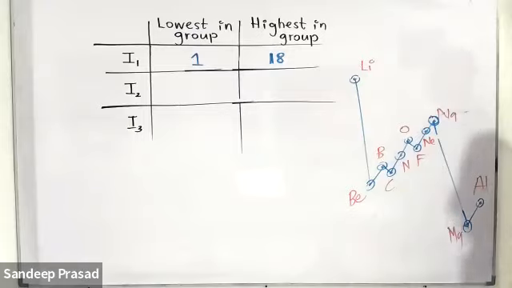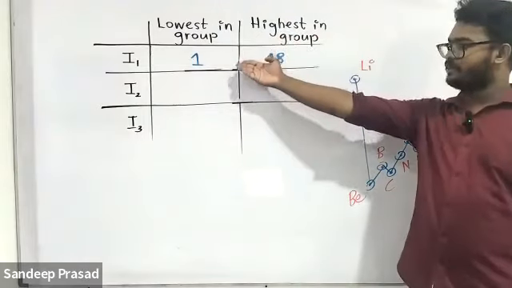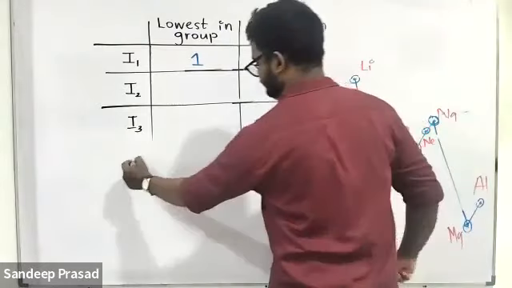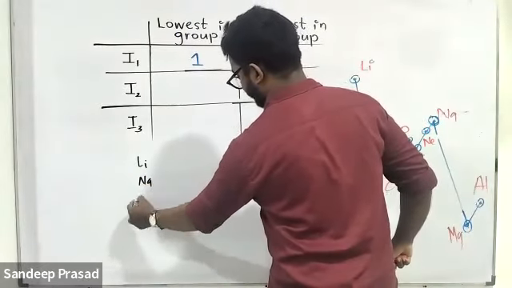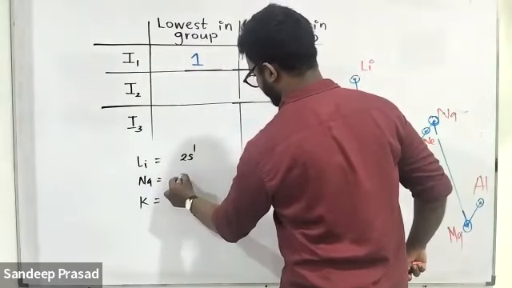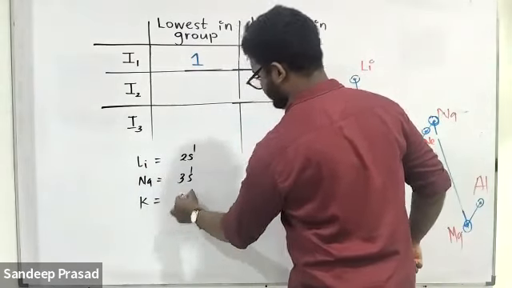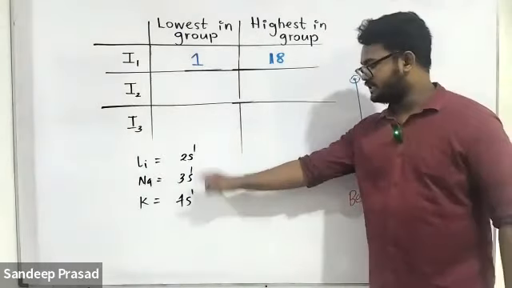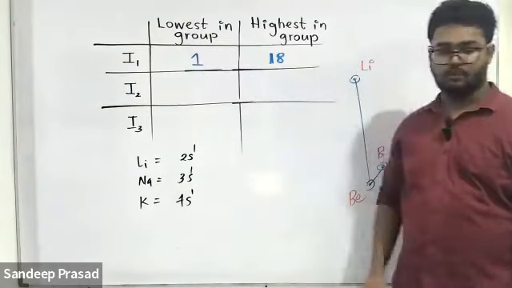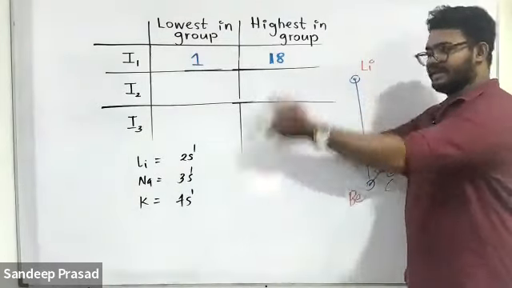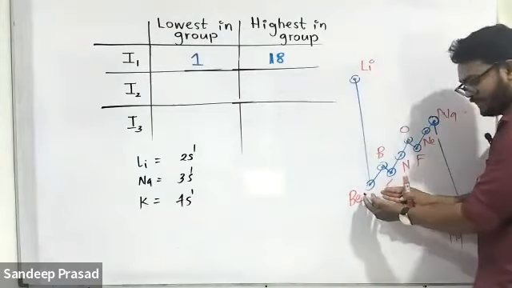Very easy. The lowest first ionization energy belongs to the first group elements, because lithium, sodium, potassium all have valence configurations 2s1, 3s1, 4s1. Therefore, we can easily remove the electrons. That's why the lowest first ionization energy belongs to the first group. Then, according to that rule, the lowest second ionization energy belongs to the second group.